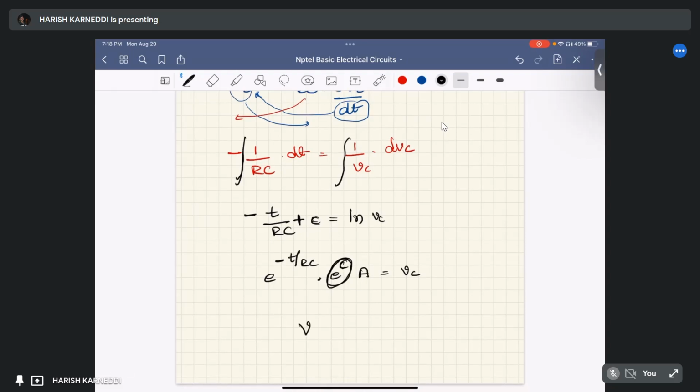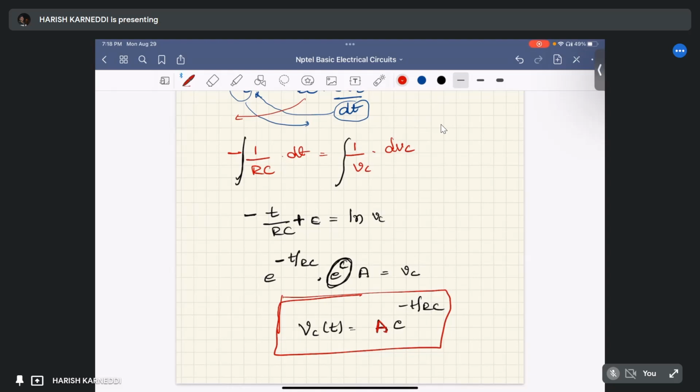So Vc of t equal to some constant A into e power minus t by RC. I didn't assume anything, I just solved that first order differential equation. So we have to find out this constant.